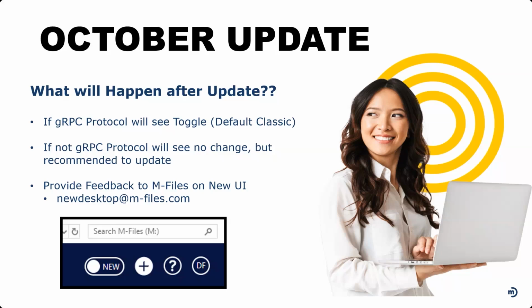So you would be able to toggle between the new interface and the old interface, or what they're going to call the classic. Now, by default, when this change happens and you have the new protocol, you will open up M-Files in the classic interface. And then you will control if you want to see what the new interface looks like.